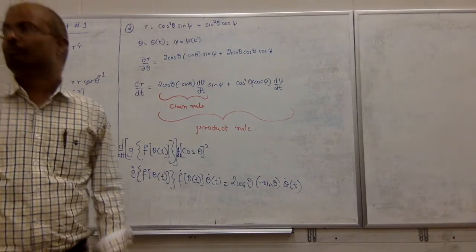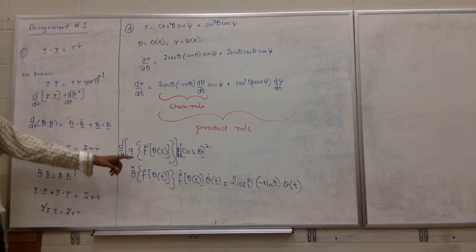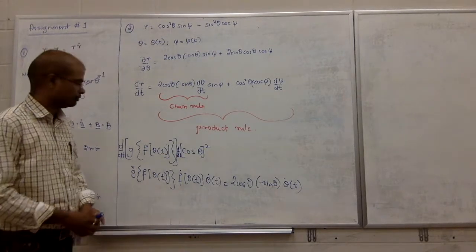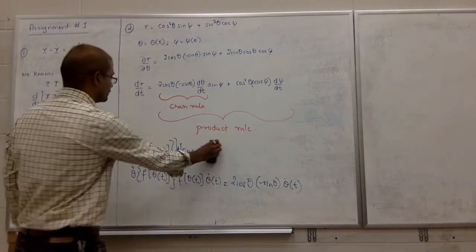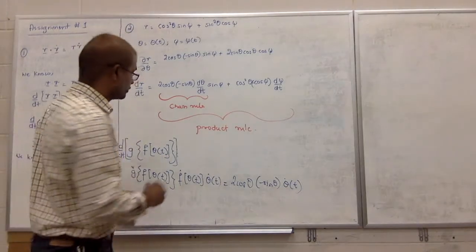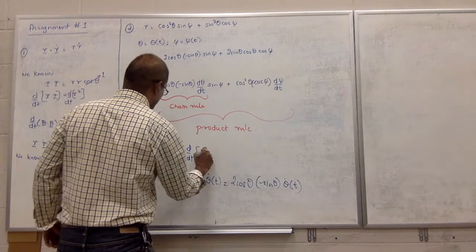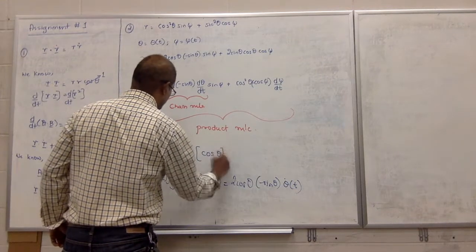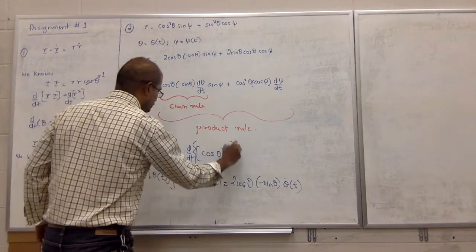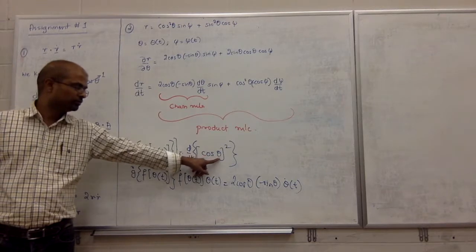Dr. Sunny, can you explain that one more time? So you have, theta is what? This is d over dt of cosine theta squared. Okay. Theta is what?